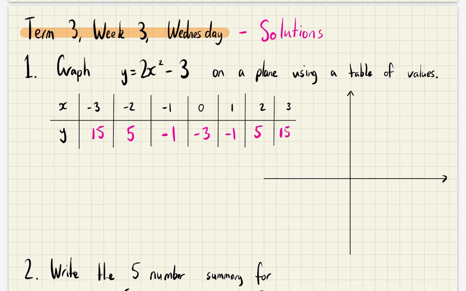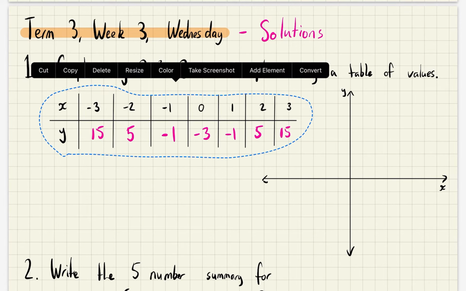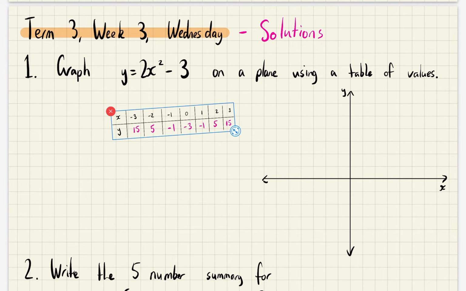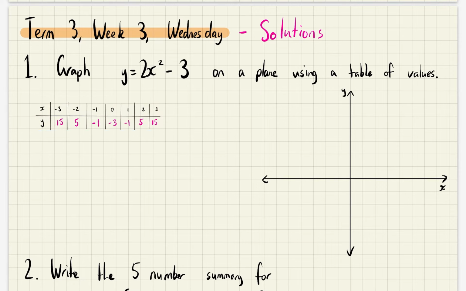Okay, got my graph. I'm going to shrink down my table of values because I don't want it in the way.